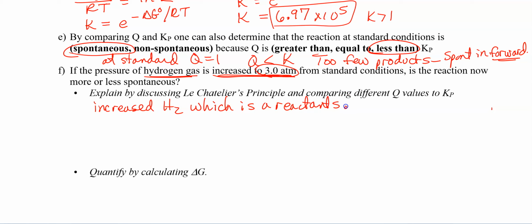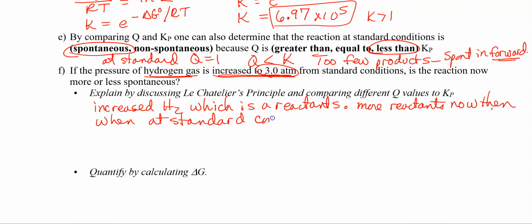So we have more reactants now than when at standard conditions. Okay, so from this Q, the reaction's going to proceed in the forward direction, right?